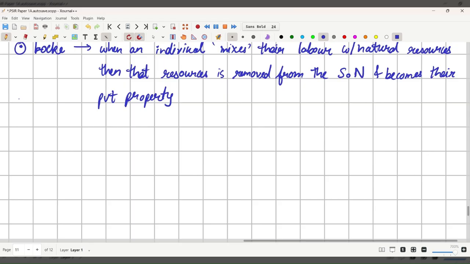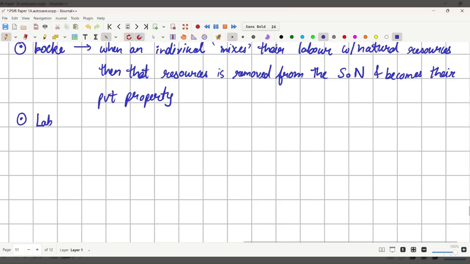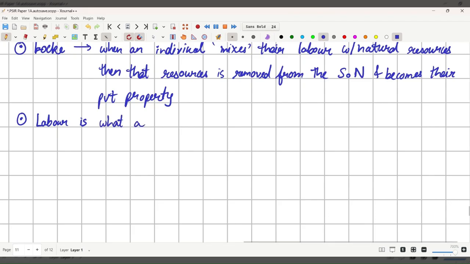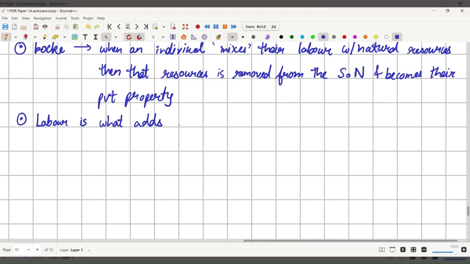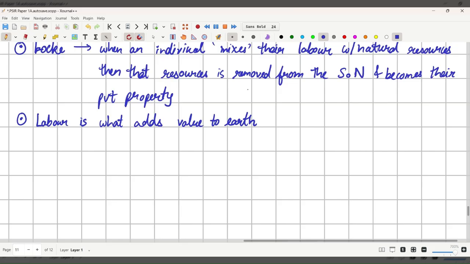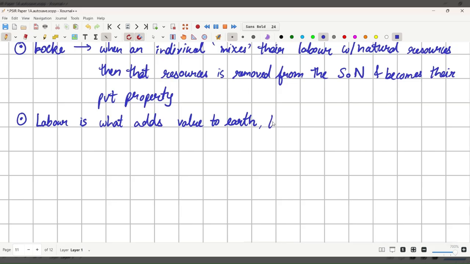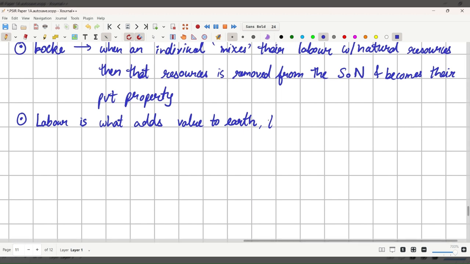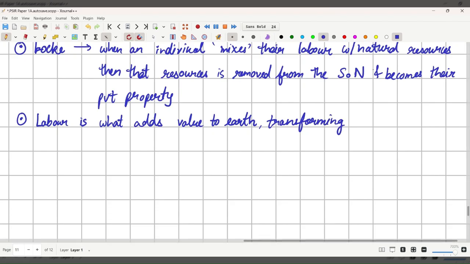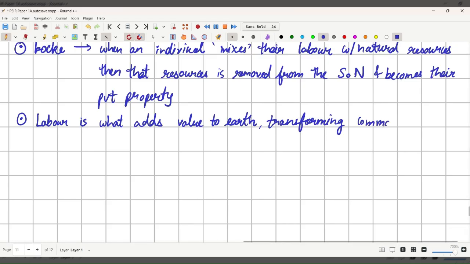So basically, labor is what adds value to earth, transforming common waste into useful products.